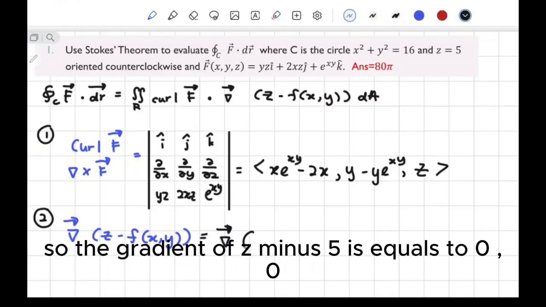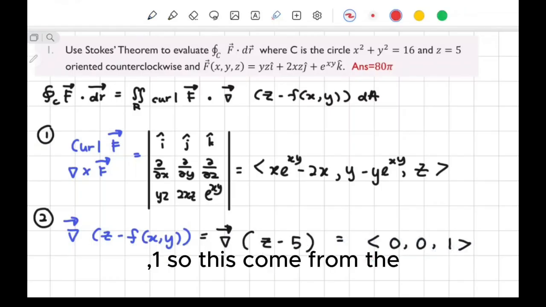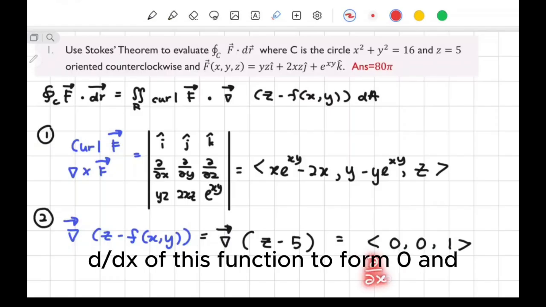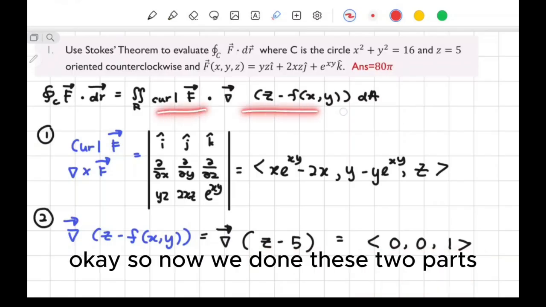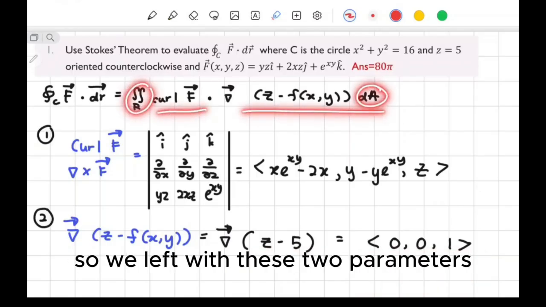So the gradient of z minus 5 equals 0, 0, 1. This comes from d/dx of this function giving 0, d/dy, and the same for d/dz of the same function. Now that we've done these two parts, we are left with these two parameters.